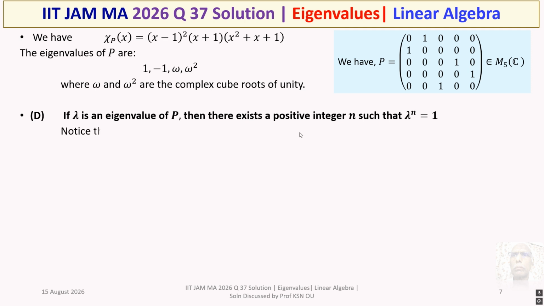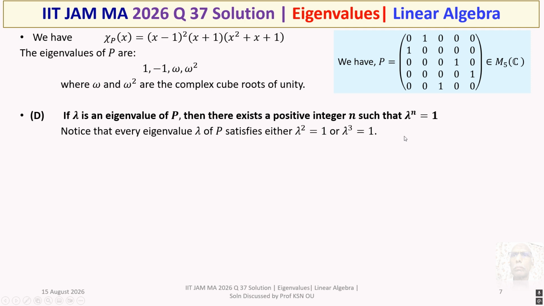Why? Now, notice that every eigenvalue lambda of P satisfies either lambda square is equal to 1, for 1 and minus 1, or lambda cube is equal to 1, for omega and omega square.